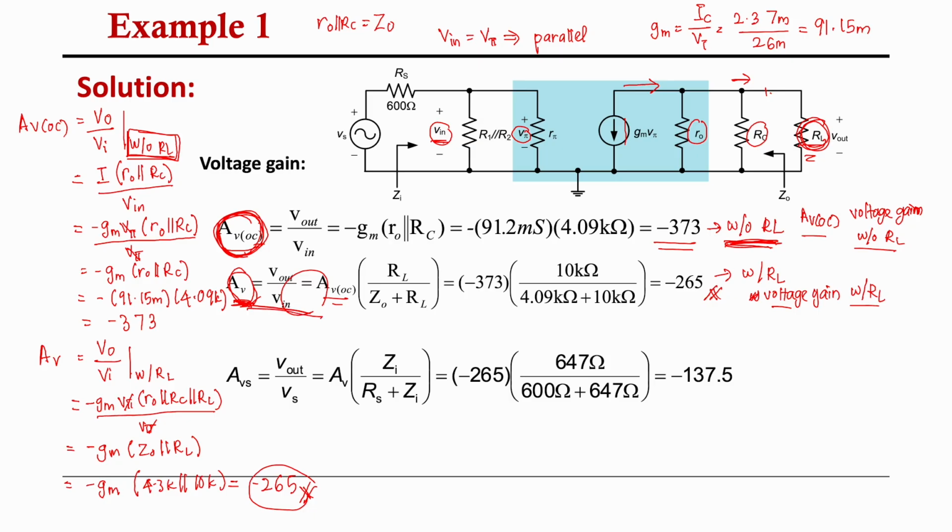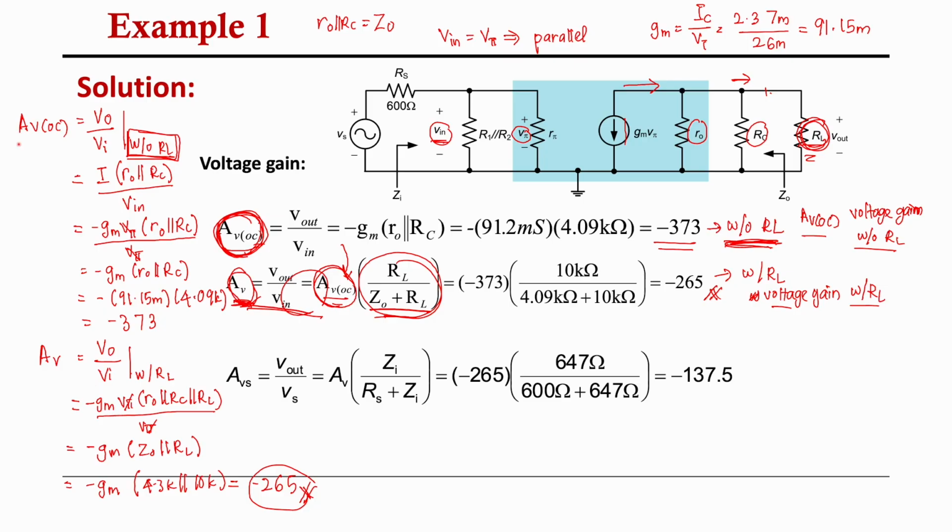But in this example solution, I'm using the AVOC that I calculated earlier in this equation, and we just include the RL. The difference between my work solution and the example solution is that in my work solution, I use the same method to find the AVOC without RL and the voltage gain with RL, which is always V out over V in.